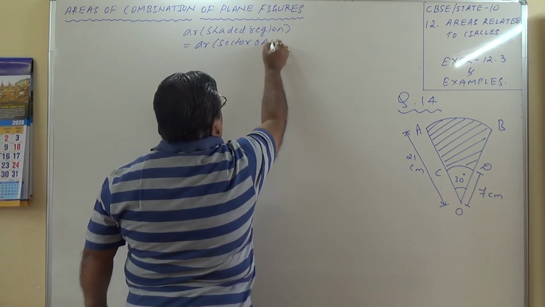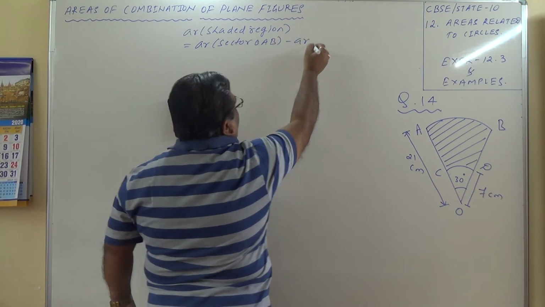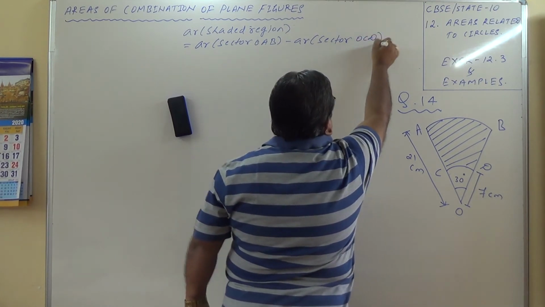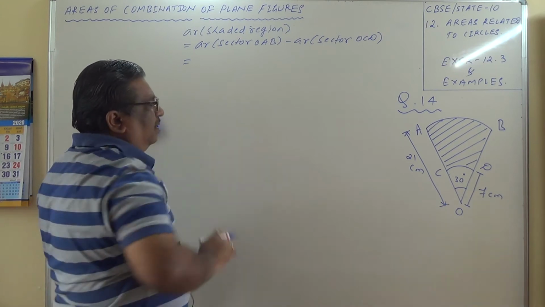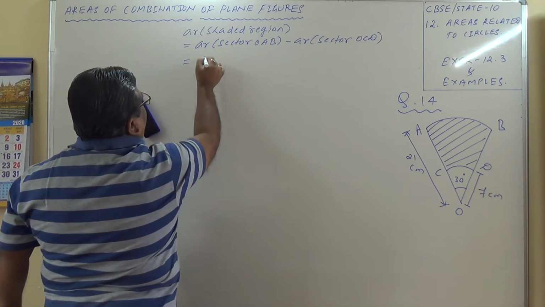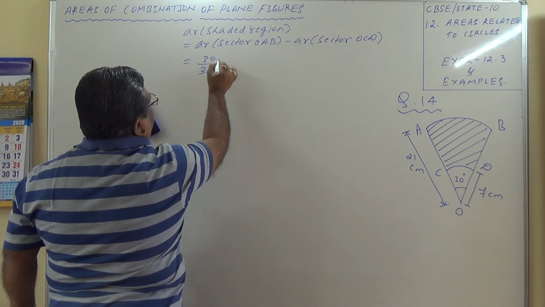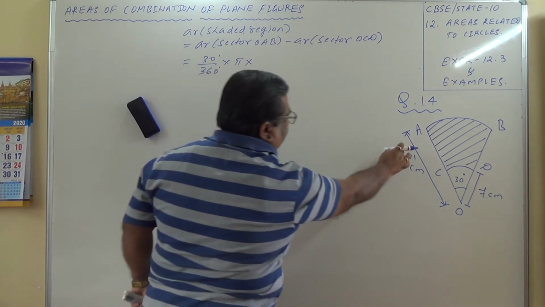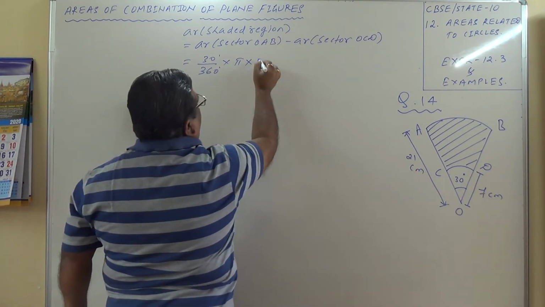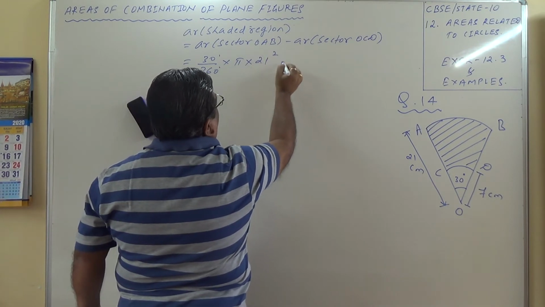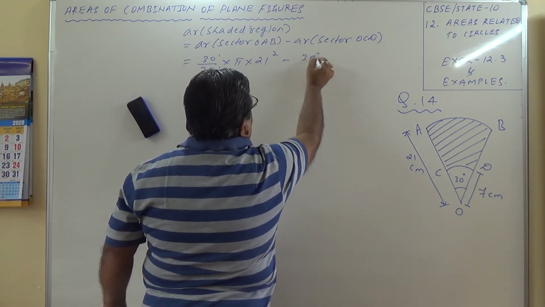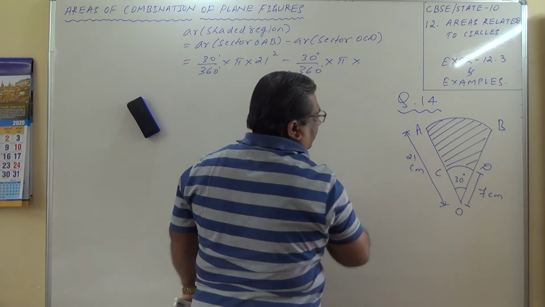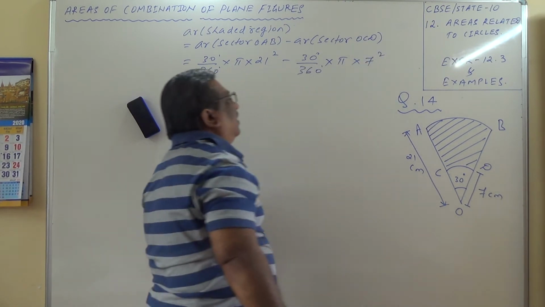So use the formula. Area of the sector is 30 by 360 into pi into 21 square minus 30 by 360 into pi into 7 square. Is it clear?